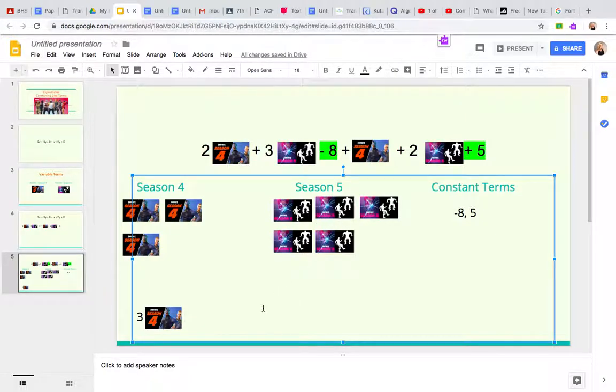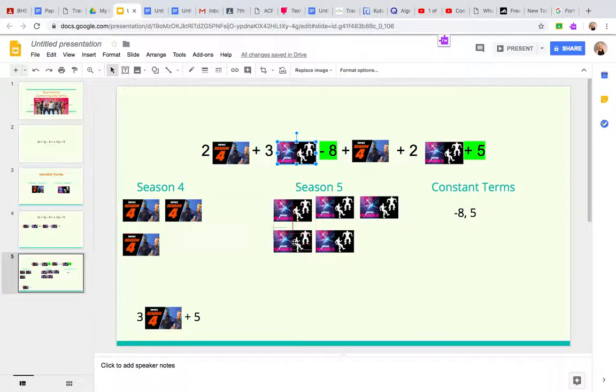And I can't forget to put a plus sign because remember you have to either have a plus or a minus sign to separate the terms. So I'm going to put my plus sign and it's going to be plus 5, and I'm going to need to drag down the battle pass from season 5 to show that that is the variable that we're dealing with in that variable term, right?